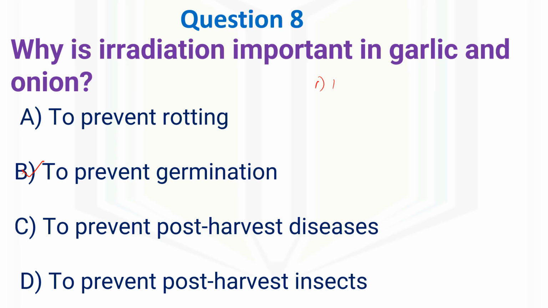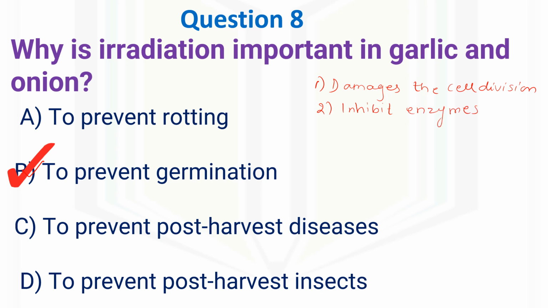Firstly, it damages the cells present inside, so it damages the cell division process. Secondly, it will inhibit enzymes responsible for sprouting or germination.